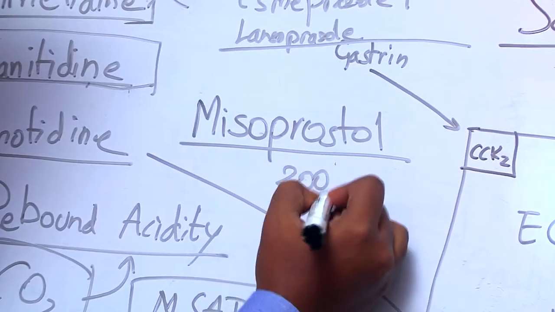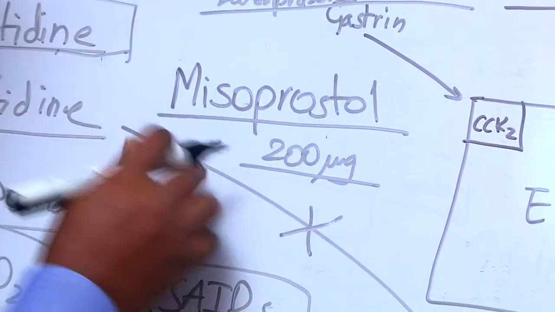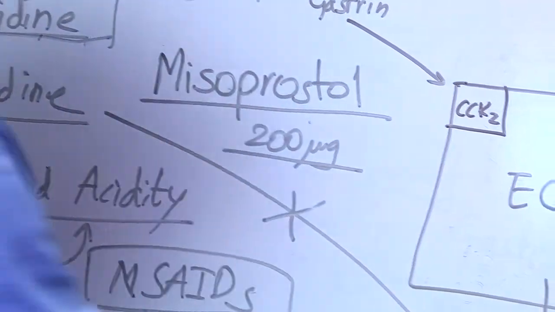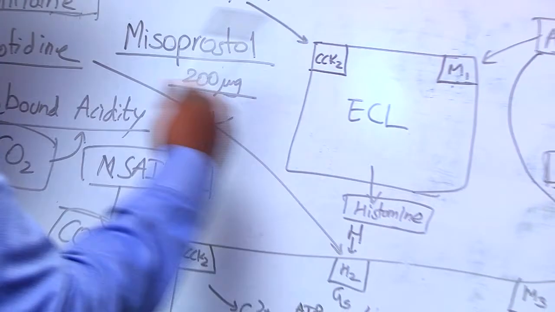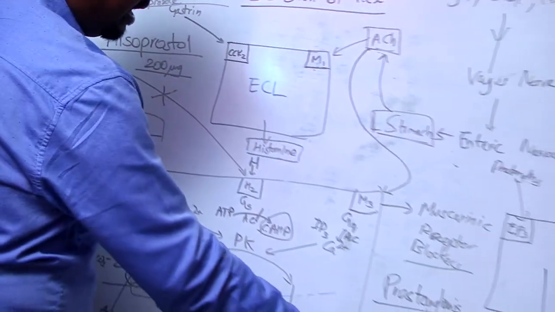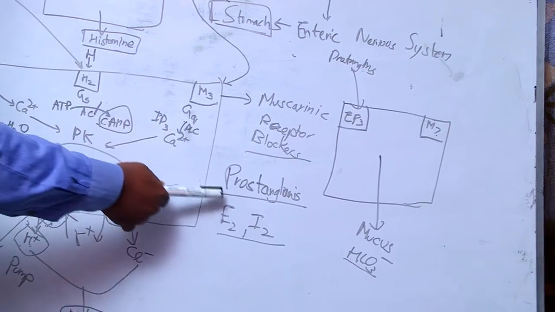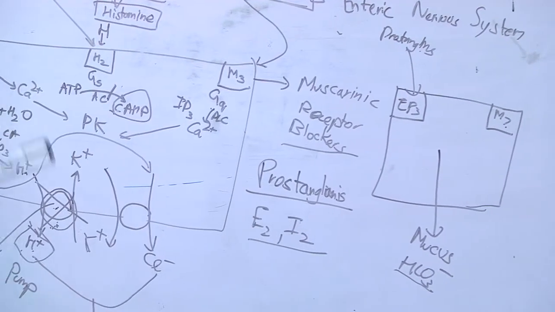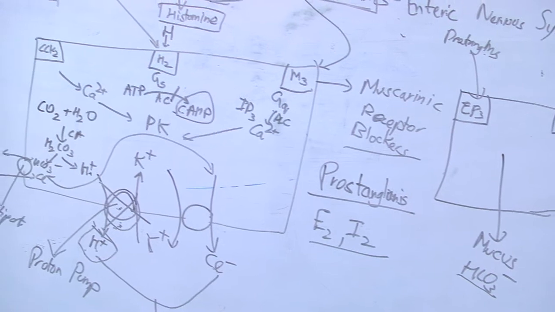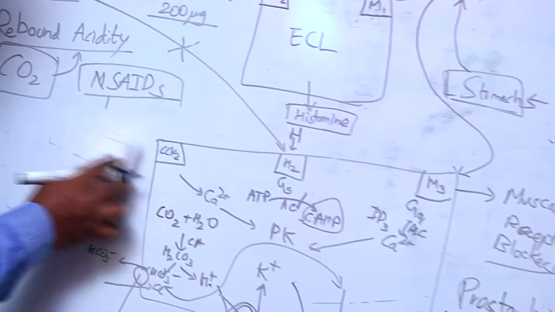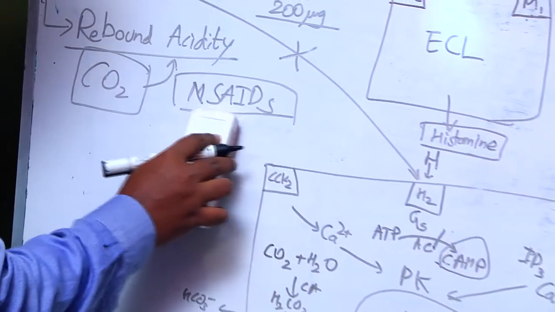Okay, 200 micrograms. So this misoprostol was a prostaglandin analog which did the function of the innate prostaglandins in the body. So it provided all the functions of the prostaglandin needed, but still it didn't provide total recovery, right?